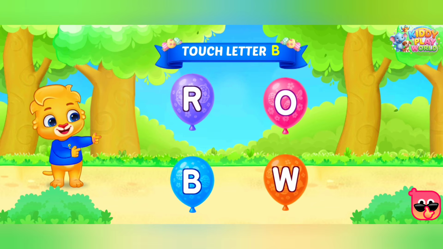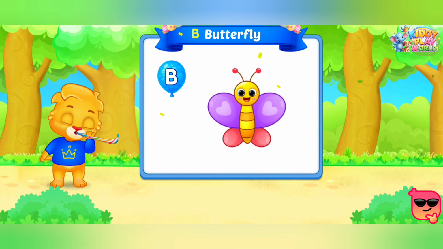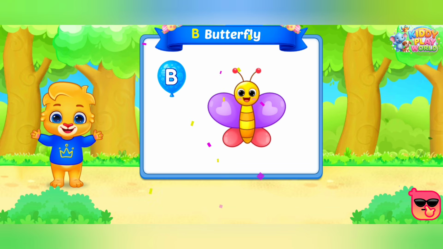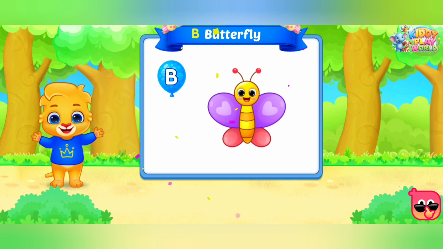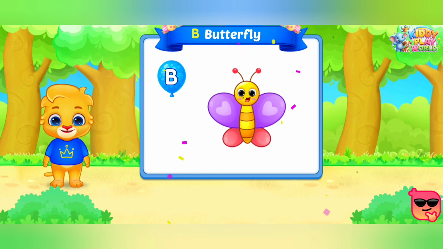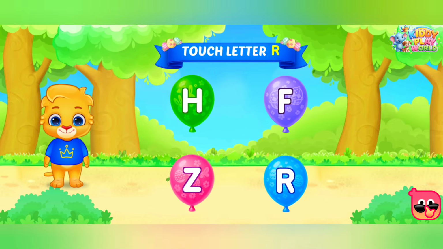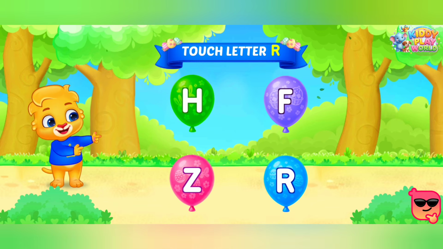Touch letter. B. B is for butterfly. Touch letter.